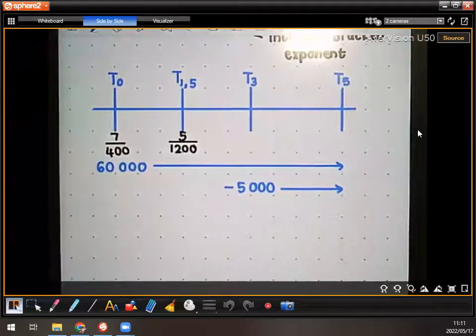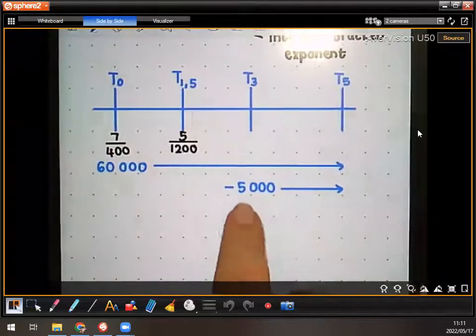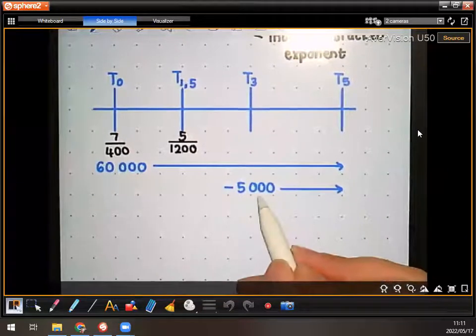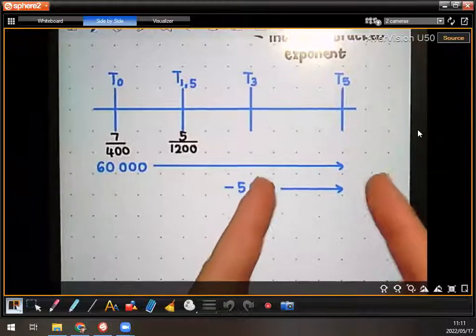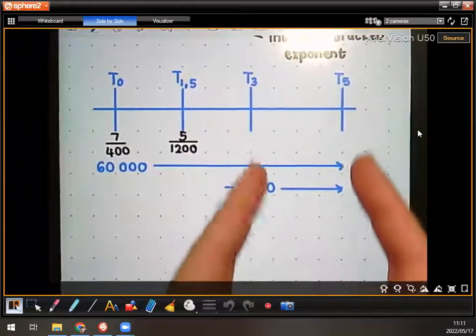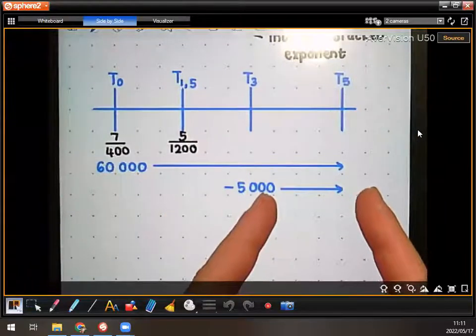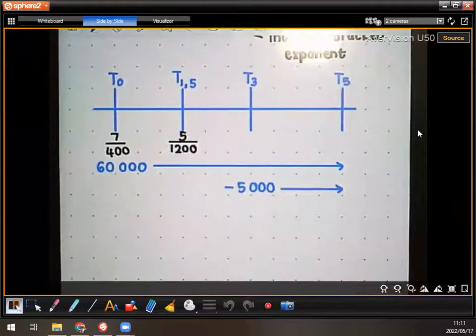So to take away that interest that this 5,000 rand would have earned if it was in the account until the end of 5 years, I'm not only going to take away the 5,000, I'm also going to take away the 5% of interest that the 5,000 rand would have earned in these last 2 years. Okay, so see how I'm going to write this off.